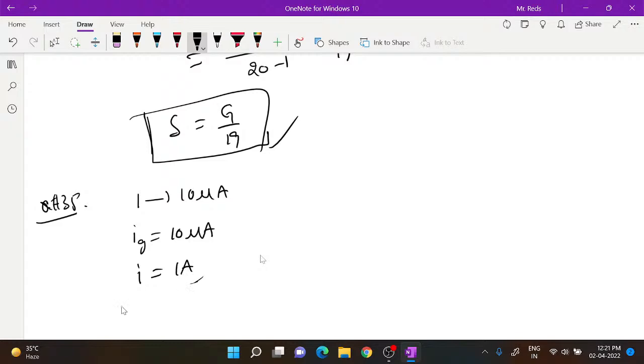The scale has 100 divisions. The total number of divisions is equal to 100. So for one division it is having 10 microamps. For 100 divisions, Ig will be equal to how much?